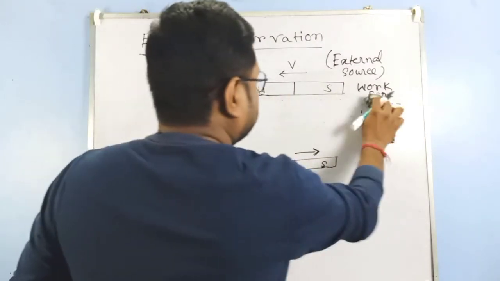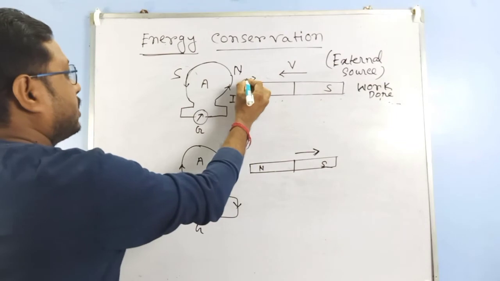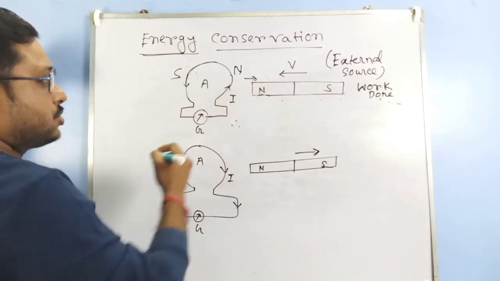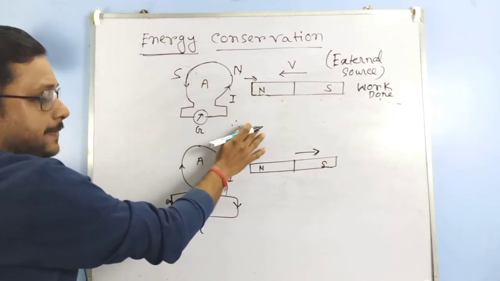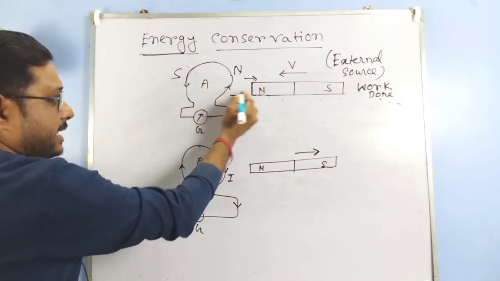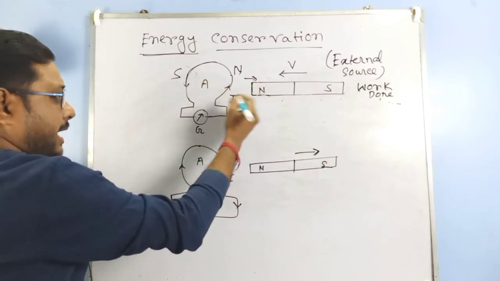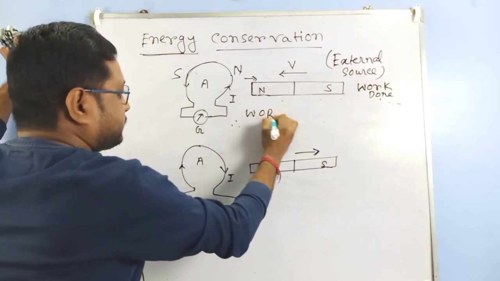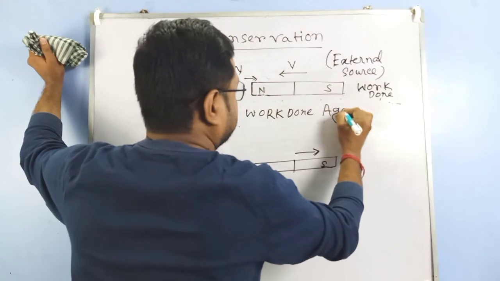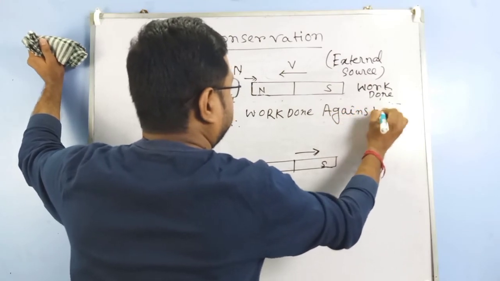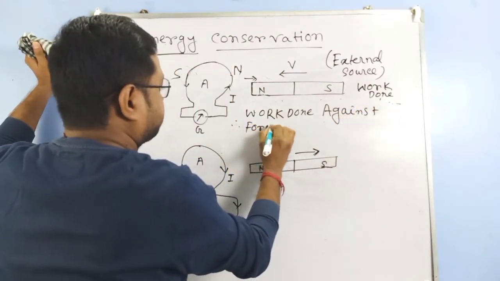As a result, these two poles repel each other. So, to overcome the force of repulsion, we have to move the magnet toward the coil and do work against the force of repulsion.